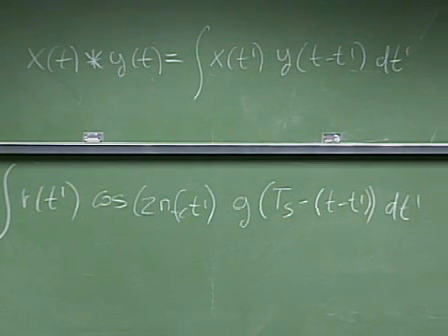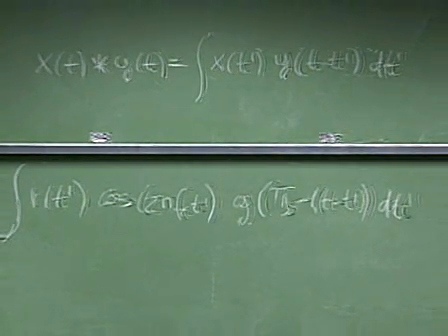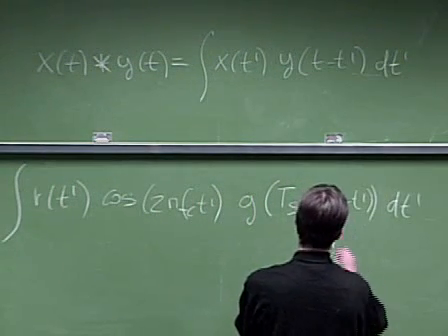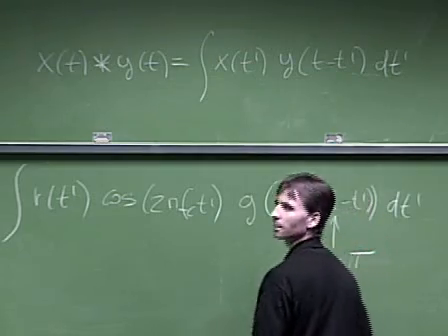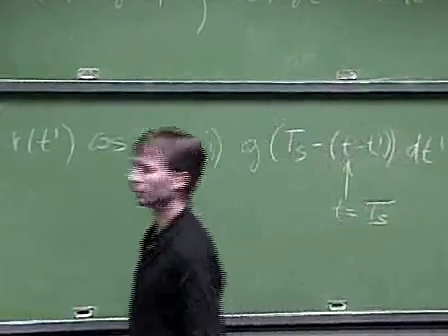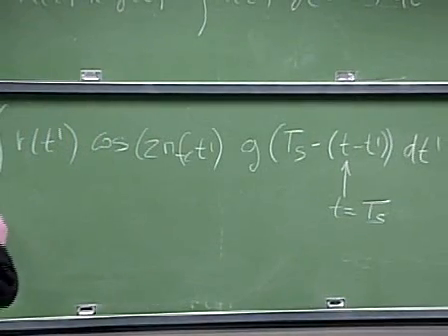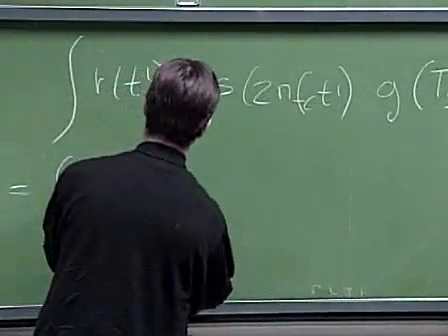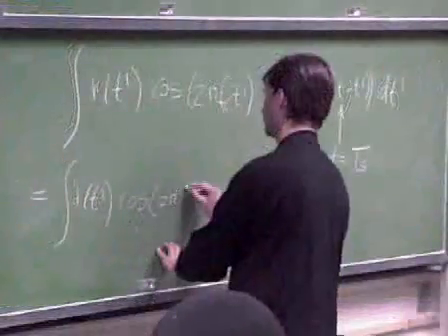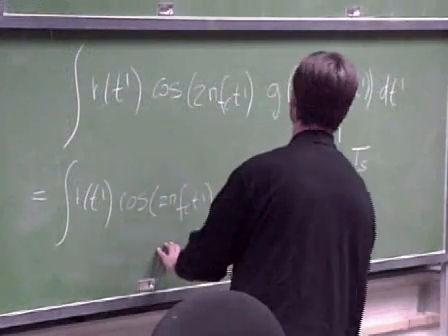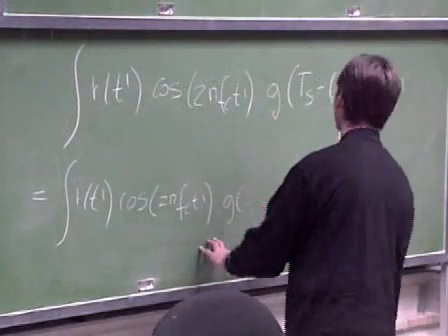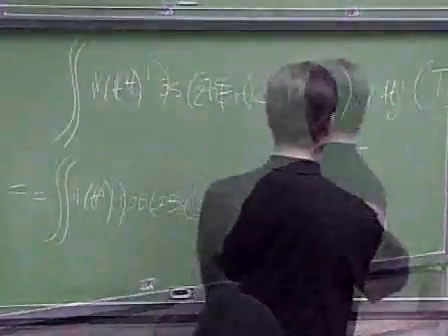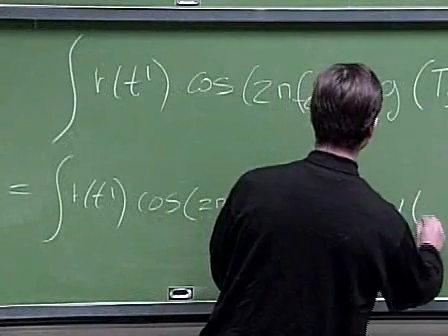Now I'm going to sample this at time capital T. What that means is that I evaluate this when t is equal to capital T, T sub s to be precise. So what do we get? The integration of r of t prime times the cosine, times g of, as you can see, the capital T's cancel out, and I'm getting just g of t prime, d t prime.